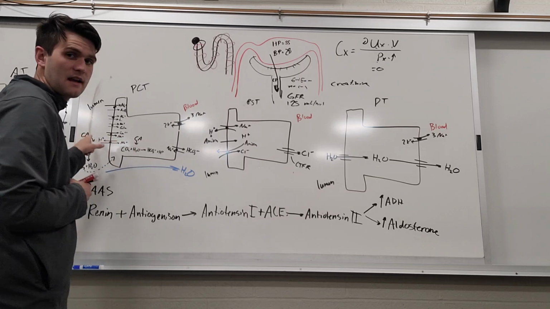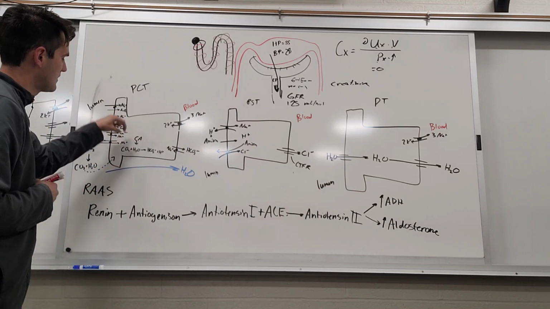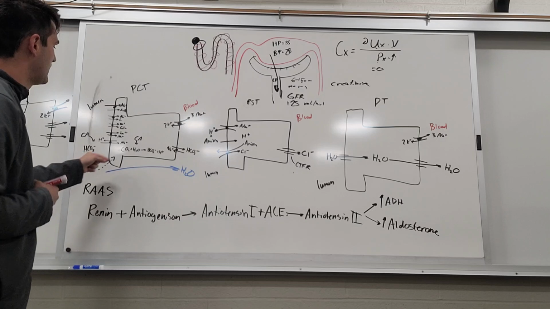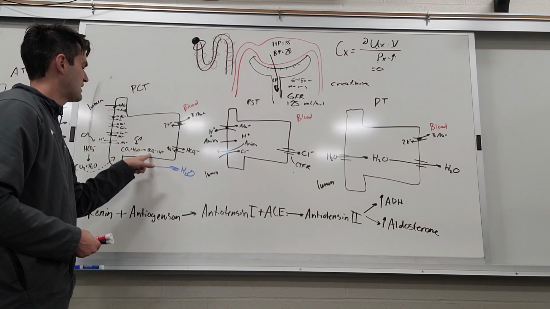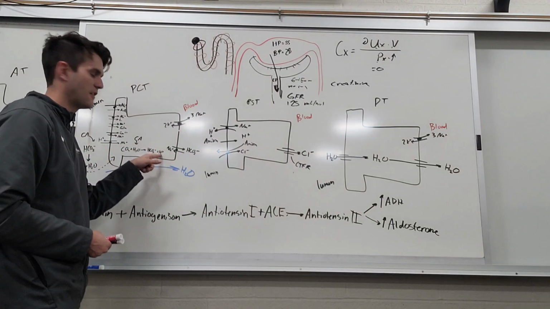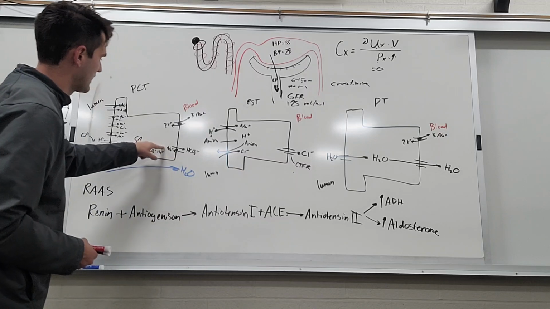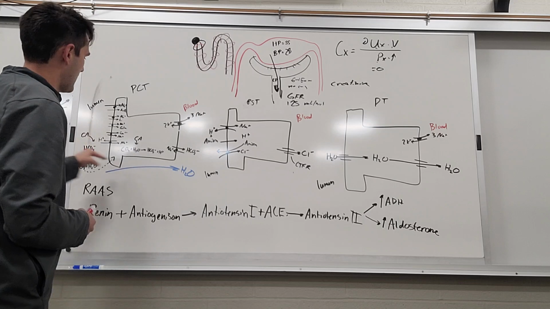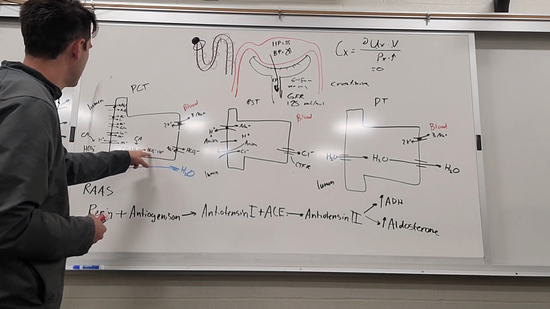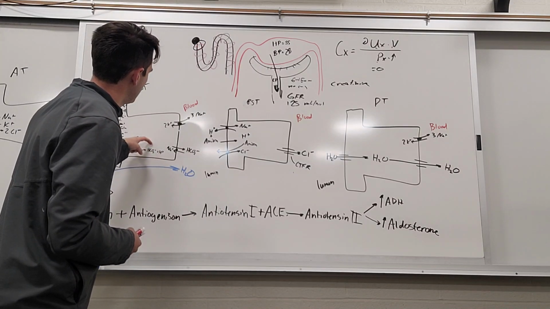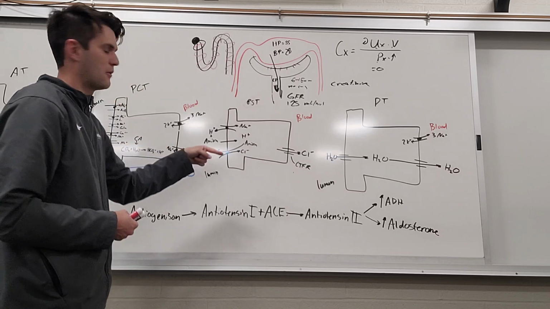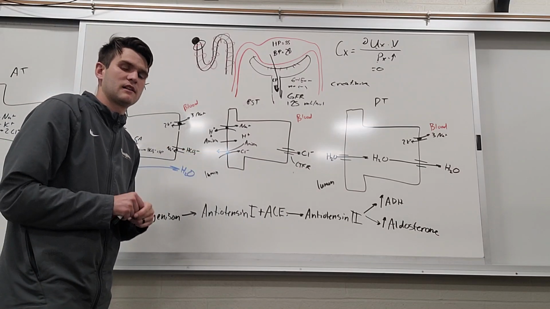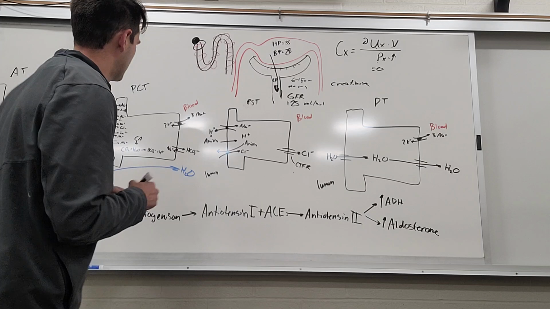Again, that same enzyme, carbonic anhydrase, is going to cause the reverse of this. So we're going to have some HCO3, some bicarb, and some hydrogen ions. Again, we're just going to kick those hydrogen ions back out, and we're going to repeat that cycle. And in the cell, we're going to reabsorb that bicarb back into the blood because we want to keep our bicarb there, okay?